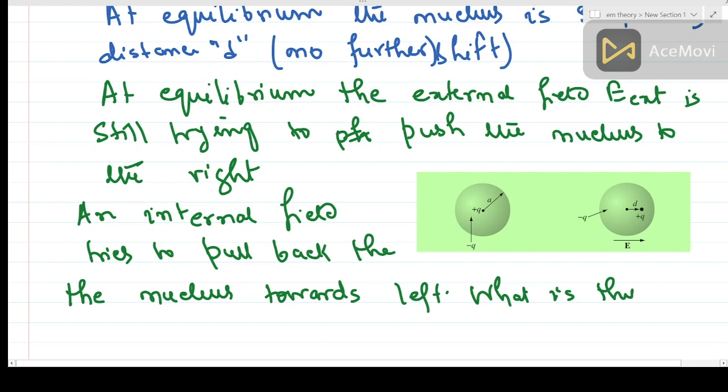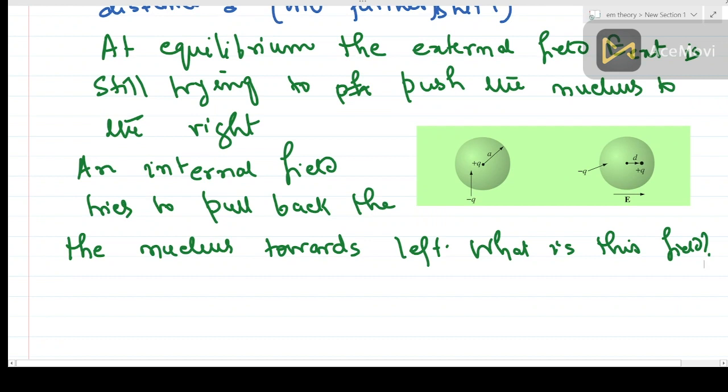If you are asked how to calculate this field, now what is this field? The external field is trying to move it right, and there is another field that is trying to move it back. This field is due to the charge cloud, the electron cloud, or the negative charge that is due to the electrons.